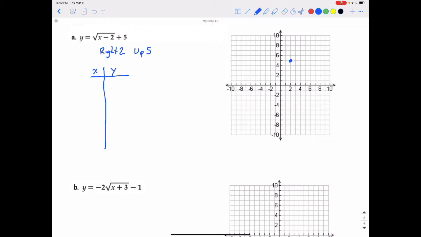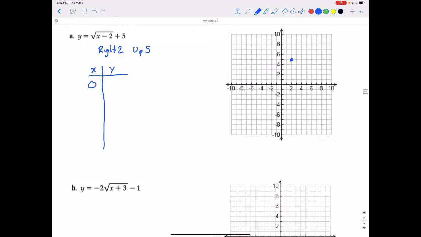So that means I can't use numbers like 0, because if I tried to plug in 0, I would be trying to take the square root of 0 minus 2, which is the square root of negative 2, which is not possible in the real number system. So I can't use that particular number.